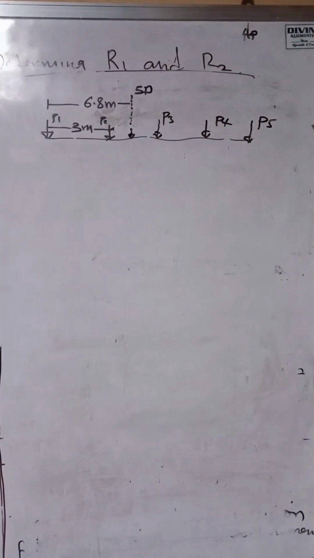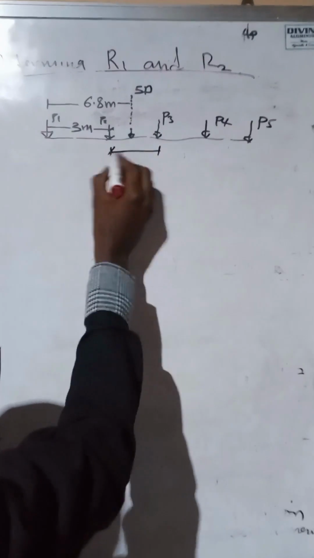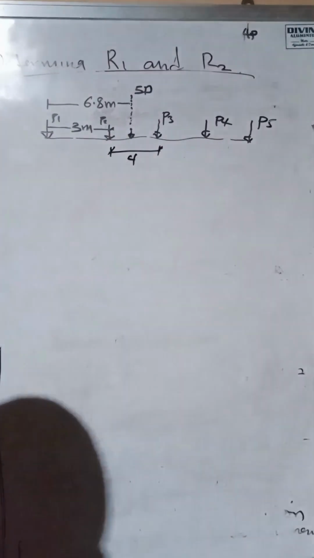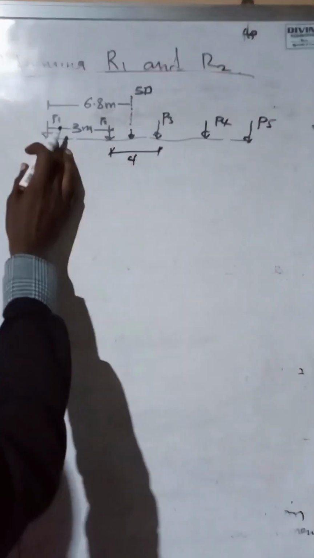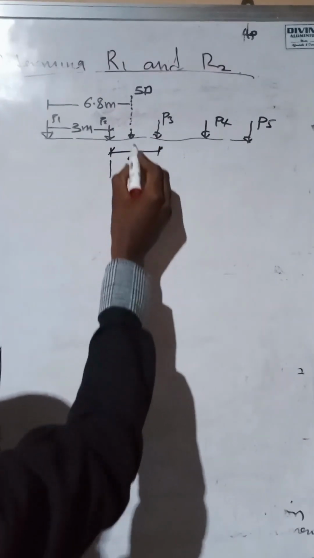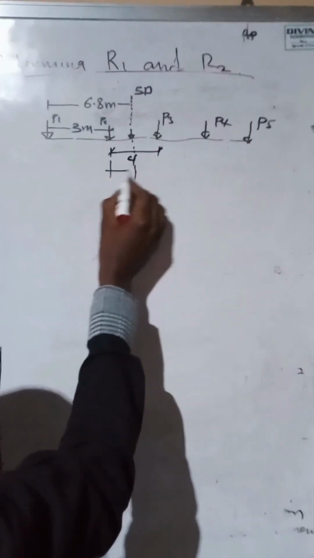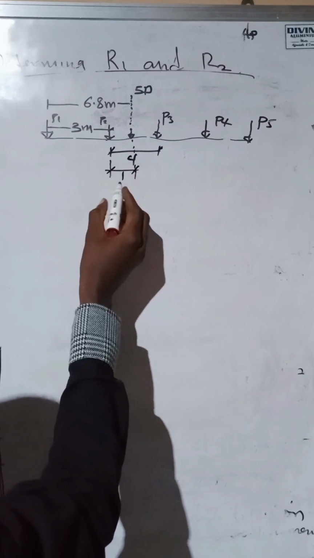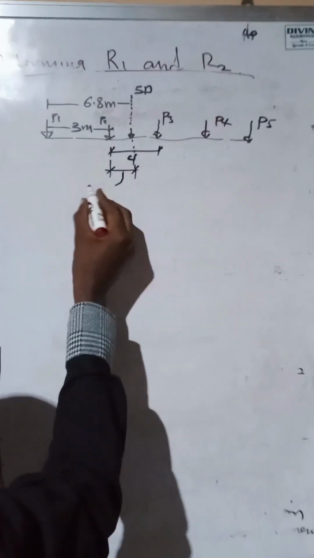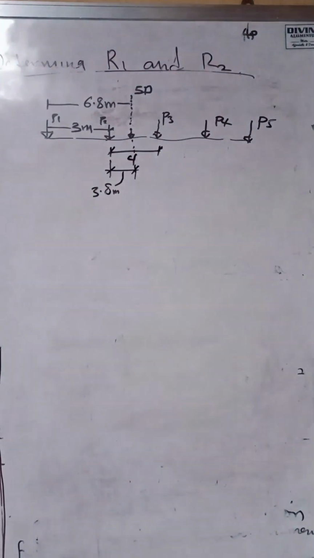And if we do this very well, you'll agree with me that from here to here is 4 meters, from here to here is 4 meters. Here is 3. So what is left here is around, from here to here is, yes, 3.8. So that place is 3.8.